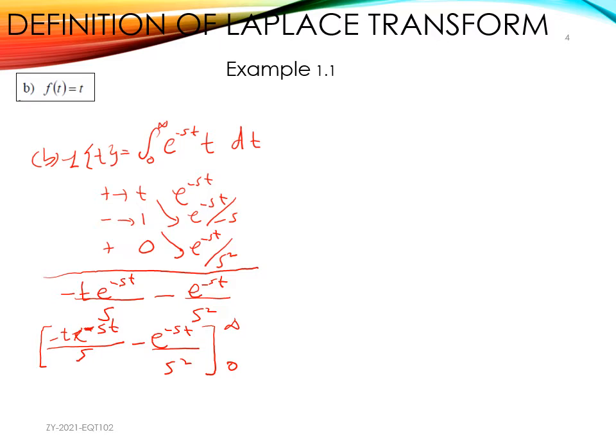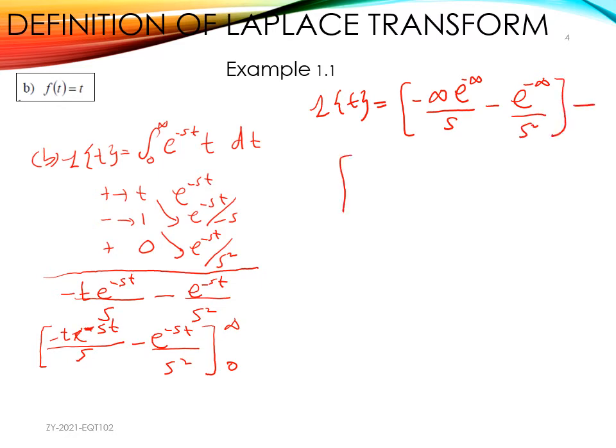So Laplace of t is equal to, first we substitute infinity: negative infinity e to the negative infinity divided by s, minus e to the negative infinity divided by s squared. And then minus the lower limit, which is 0: 0 over s, minus e to the 0 over s squared.